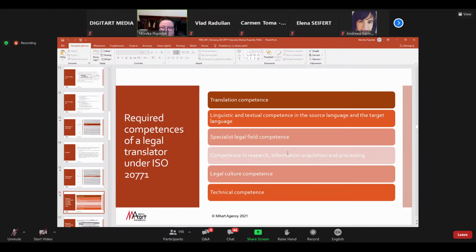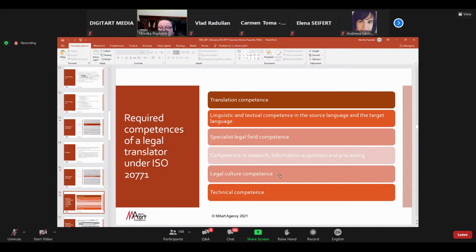Also, you have to have competence in research, information acquisition, and processing. But naturally, in this case, you have to be able to research legal documents. You have to be able to use legal documents as references, and you have to understand how legal documents are structured.